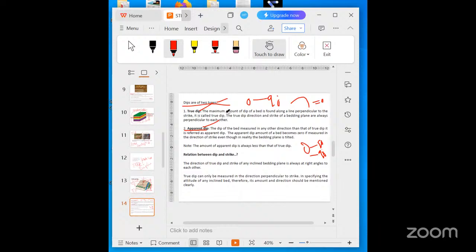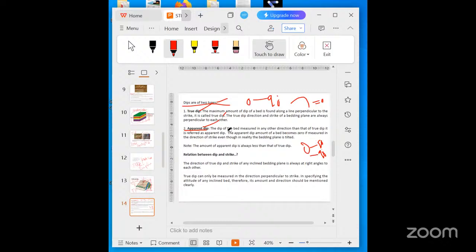It is called true dip. So the true dip direction and the strike of the bedding plane are always perpendicular to each other. That means the maximum inclination or slope of the bed, along a line perpendicular to the strike, with respect to the horizon, is called true dip, right?